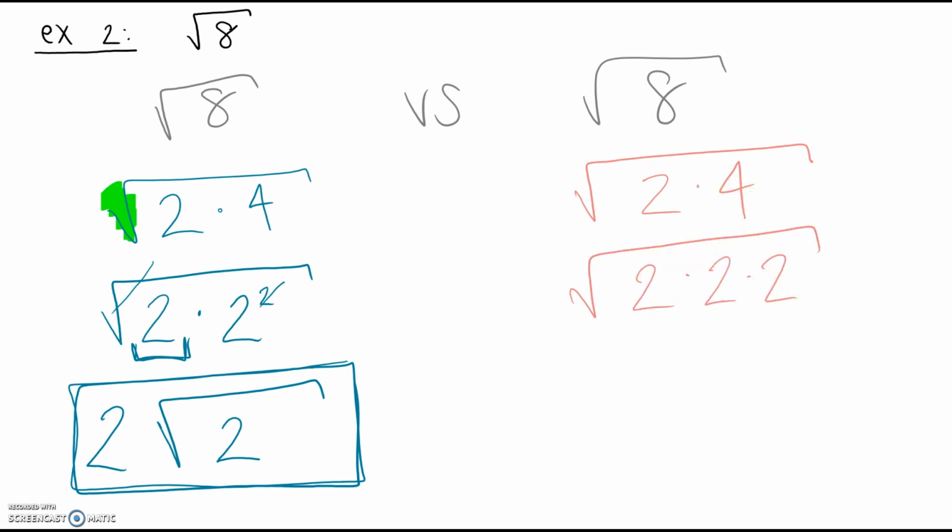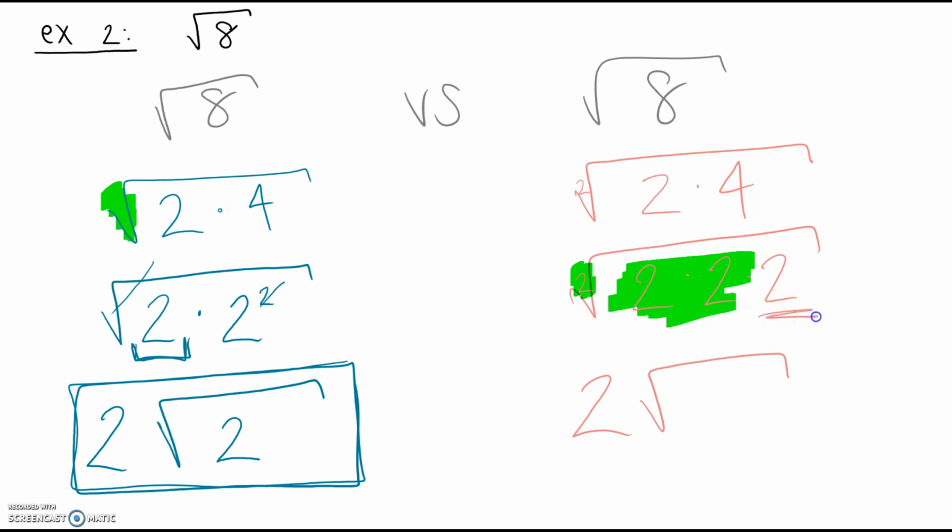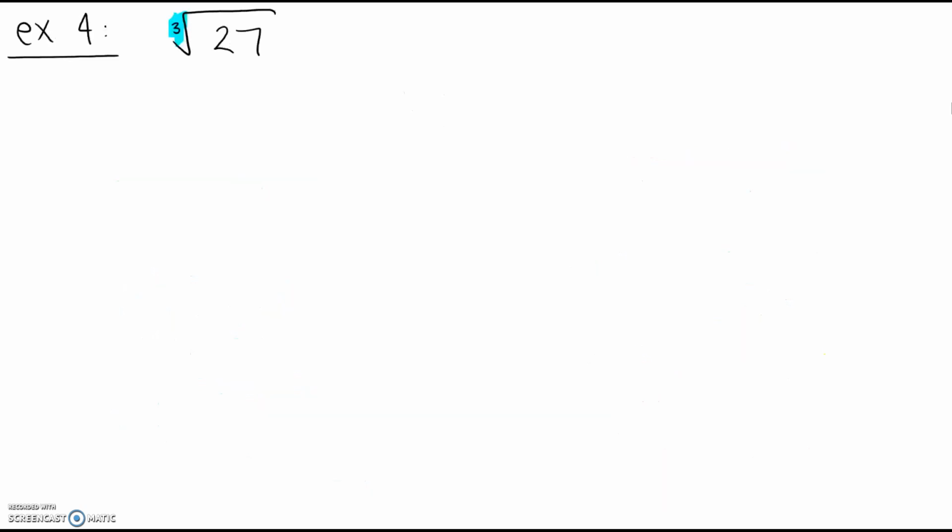Now because my index is 2, remember if it's not written, it's the same as 2. That means I'm looking for 2 of the same thing. So I've got 2 2's being multiplied together. So I can put a 2 on the outside. And then I've got this 2 left inside. So 2 root 2 is my final answer.